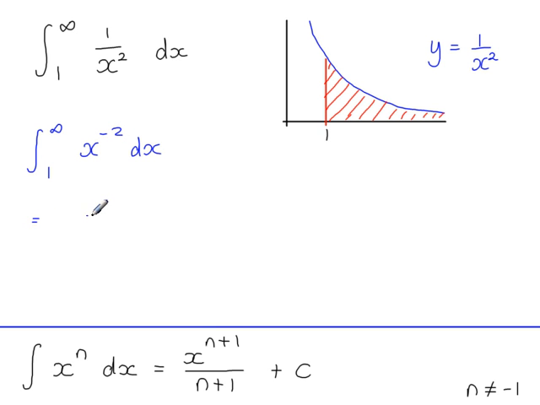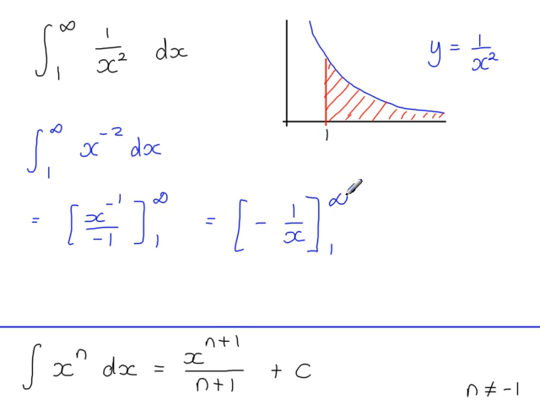So that gives us x to the power of minus 1 over minus 1. And it would be more useful to write x to the power of minus 1 as 1 over x, like this. Because we're dividing by minus 1, we can put the minus in front, like this.